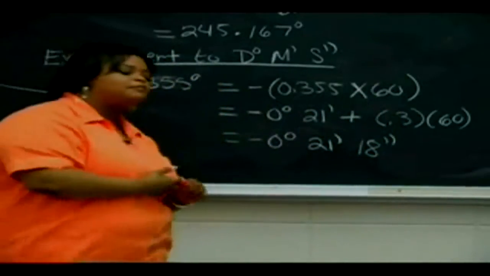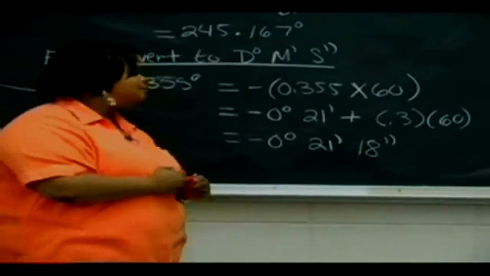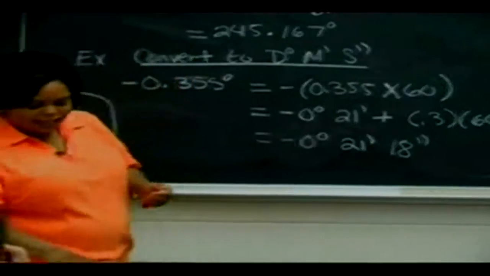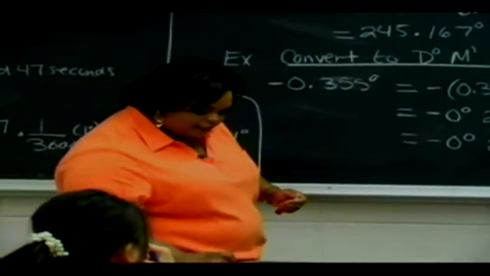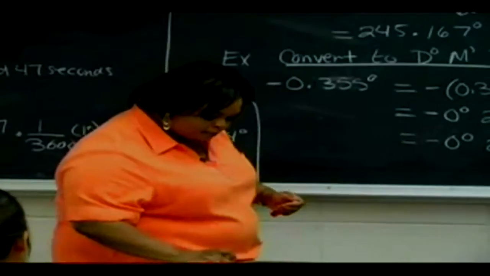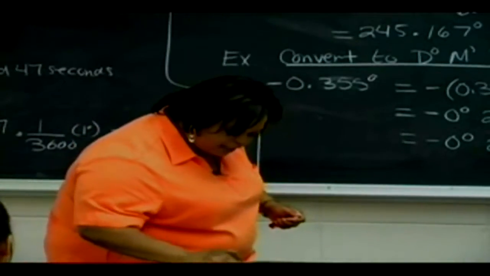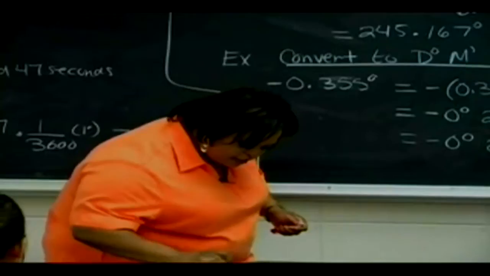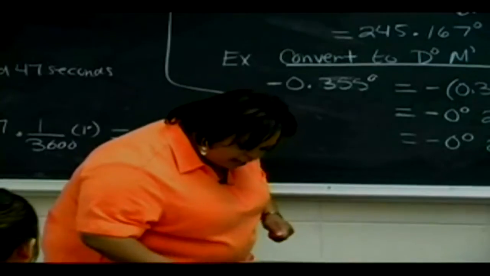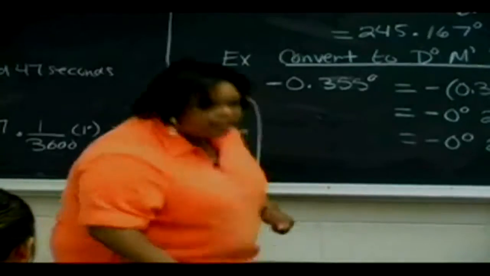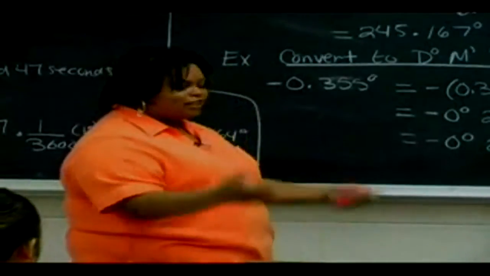Question? Yeah, so what would have been 3,600 times that 0.355? Let's see what that is. That will probably get us into something. 0.355 times 3,600, we would have had 1,278. You would have tried to break that down.